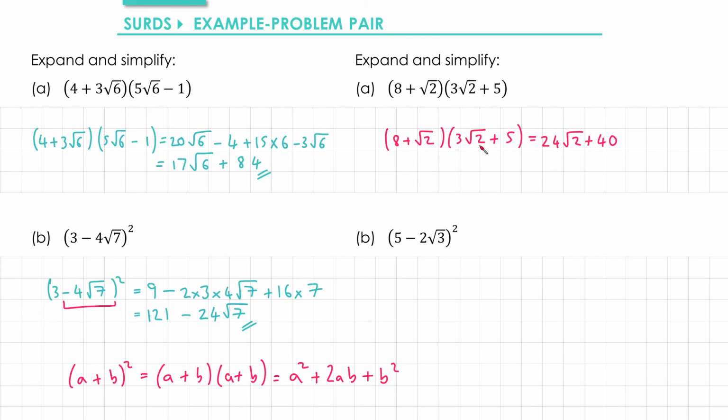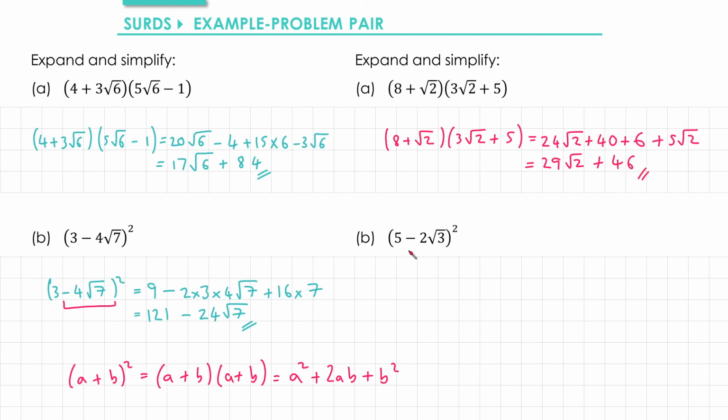Since root 2 times root 2 is 2, we're then doing 2 times 3, which is 6. And for the final term, root 2 times 5, we can just write as 5 root 2. Simplifying, we've got 24 root 2 plus 5 root 2, which gives us 29 root 2. 40 plus 6 is 46.